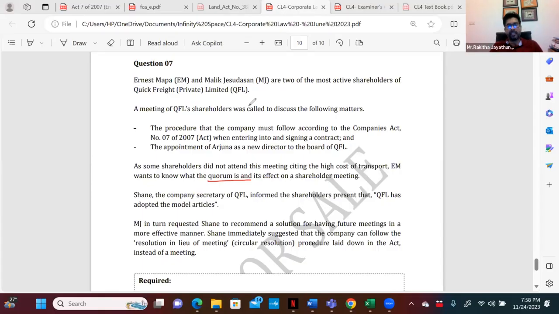That is part of the answer. Quorum. If you don't know the word, you're not going to get full marks for this. You will become directors and shareholders of companies, so obviously you should know the terminology, the technical jargon.